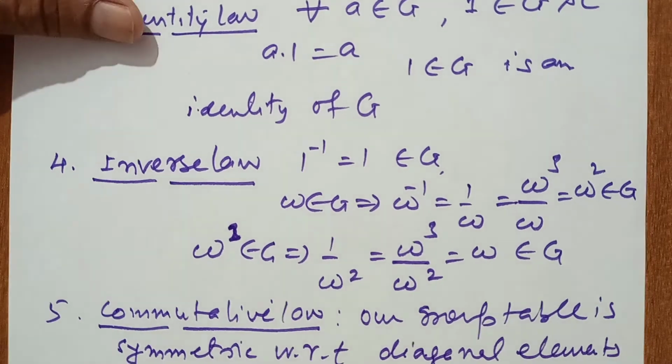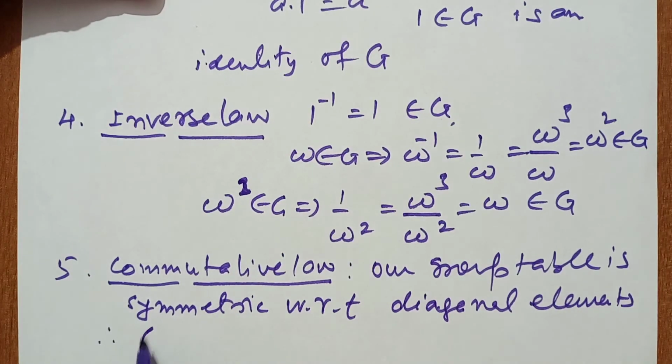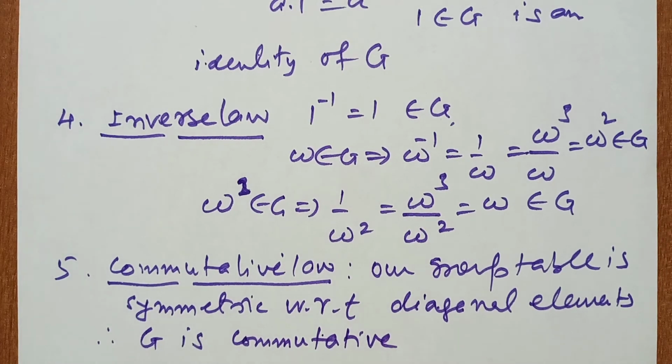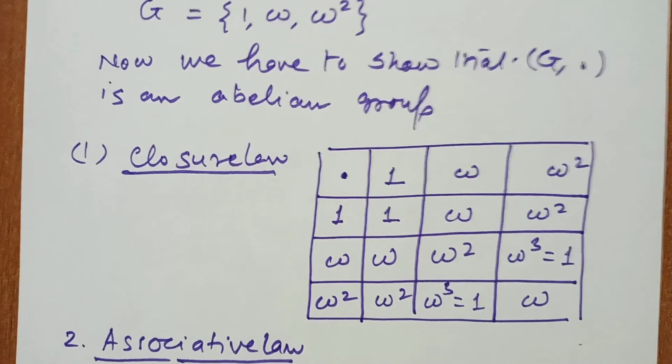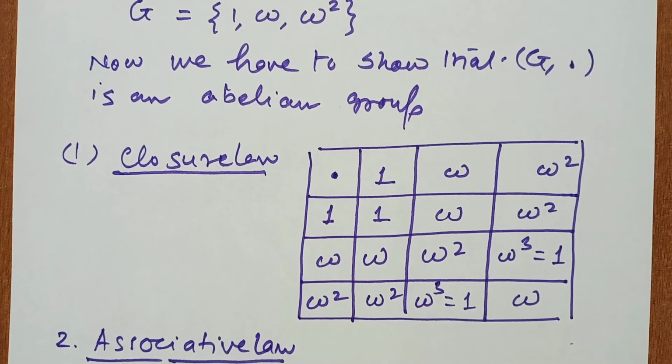It means G is commutative. Commutative is nothing but if you change the elements, then the value is unchanged. Okay, so this is an abelian group. This is very important and I will explain some more examples.